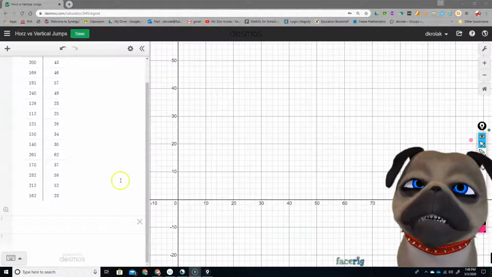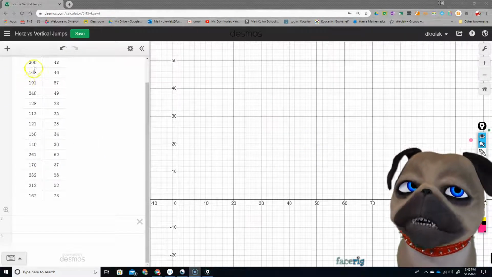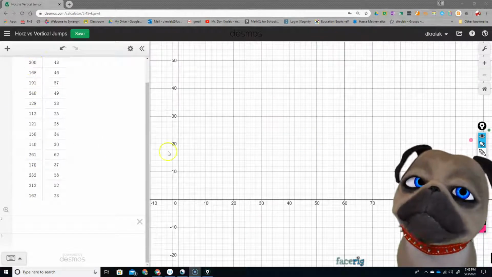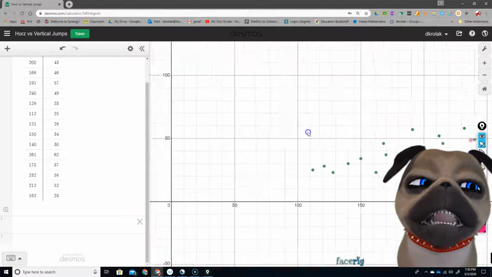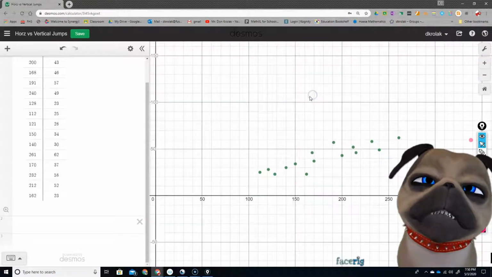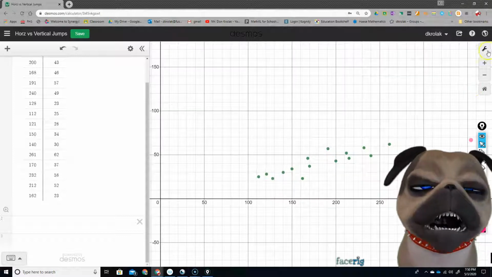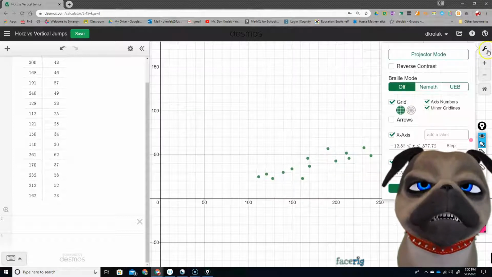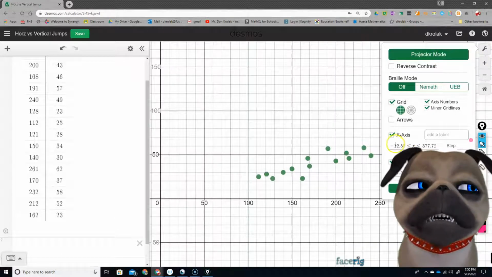All right, we're back. Now I typed mine in, but I can't see anything, and that's because, remember, if you look at our X data here, it's all the way up in the hundreds. So I can either scroll out, like so, and now I can see my data. You can also go up to the wrench on the right and change your scale.